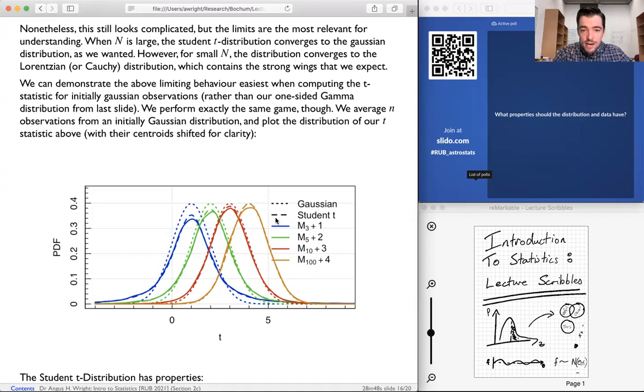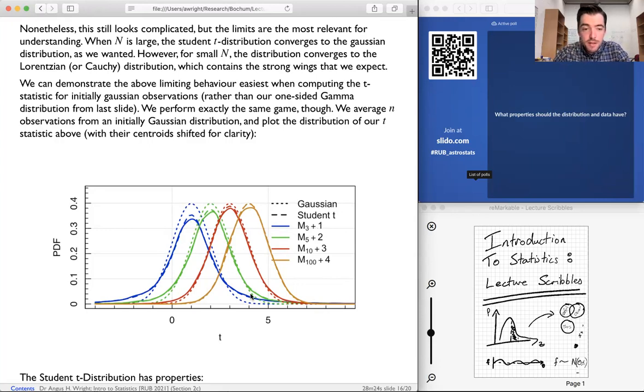And the dashed line there is the student t distribution. So in the limit of many, many observations, the student t and the Gaussian distributions look the same. Whereas that's not true as you go to fewer observations. If you're averaging together 3 observations at a time, then you end up with something that has very complex and wide wings. And those wings are real.